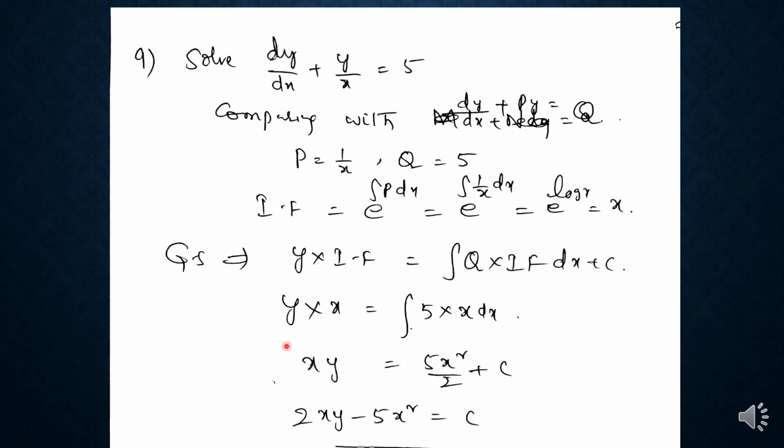So xy is equal to 5 into integral x dx, which is x squared by 2, plus c. Now by taking LCM, 2xy is equal to 5x square plus c, that can be written as 2xy minus 5x square is equal to C. This is the solution of the differential equation dy by dx plus y by x is equal to 5.